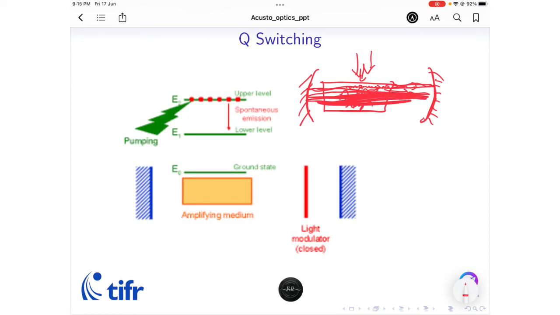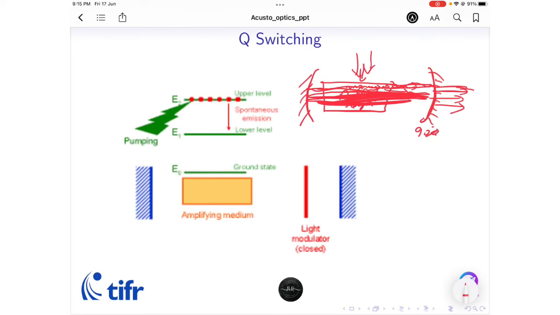Then we will get nothing from that. But if this is around 90% reflecting, some of the light will exit from here, and the remaining will get reflected and move back and forth, but around 10% will get transmitted, then we will get the laser.